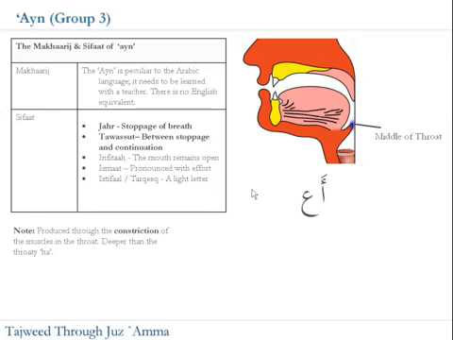So here we have ah, okay, and voweled it will normally be a, i, u, and it just takes practice of squeezing the throat muscles. Some people find this very difficult initially, and it causes a lot of problems in tajweed. However, it's just a matter of practicing squeezing the throat muscles, and you can feel your Adam's apple moving up and down a bit when you squeeze the throat. So again, this is ah.